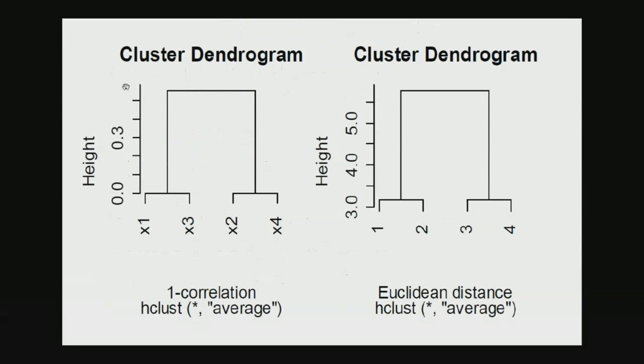And the height of our tree will be the 1 minus correlation. Okay, so you see the largest will be 2. And if we use Euclidean distance, gene 1 and 2 will cluster together, 3 and 4 will cluster together, and the height will be the distance. Okay.